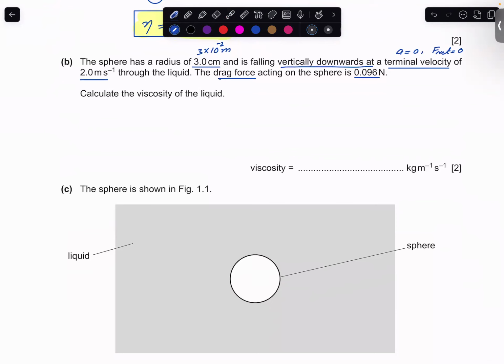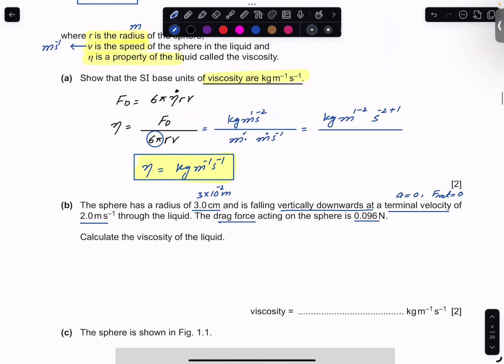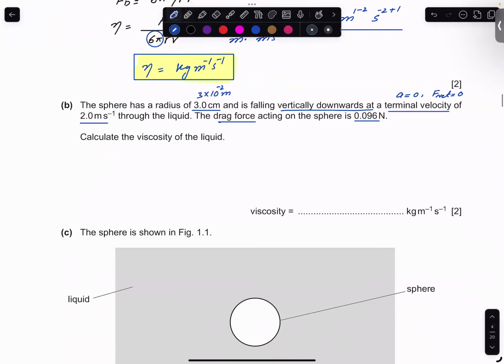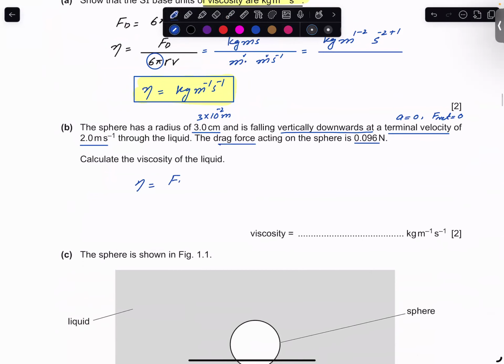To find out the viscosity, I will use the same formula. The formula says that eta will be equal to FD divided by 6 pi r into v.